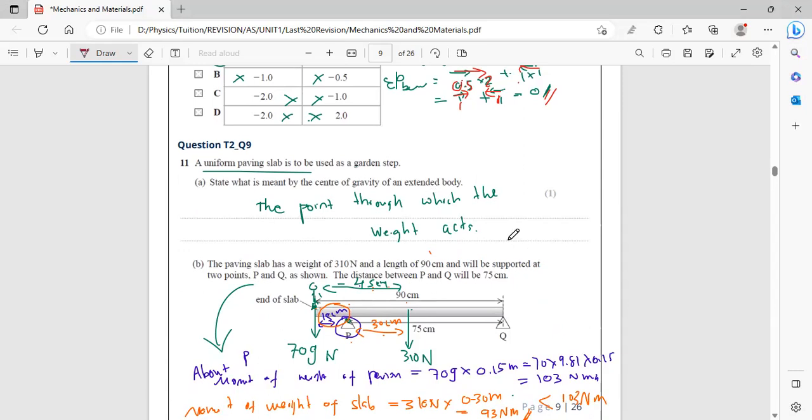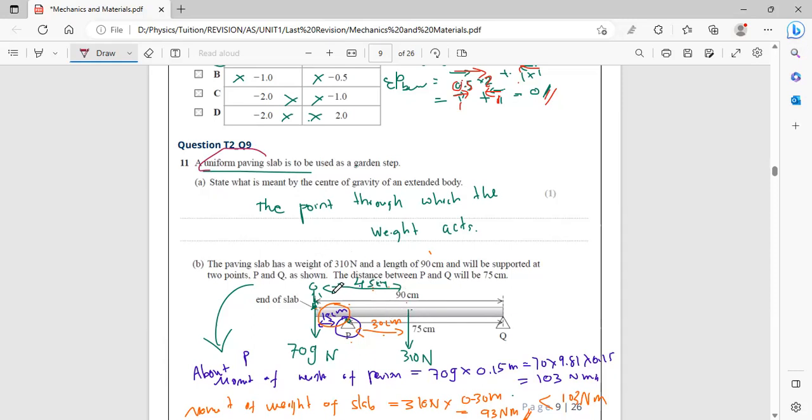Part B. The paving slab has a weight of 310 N and it's uniform. If it is uniform, the weight of the slab should act through the center, the midpoint of the slab. That is 45 centimeters from one end.